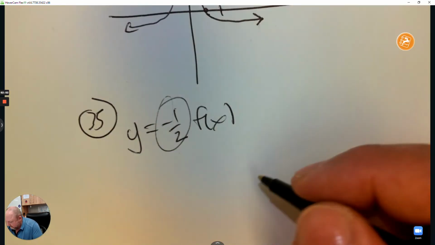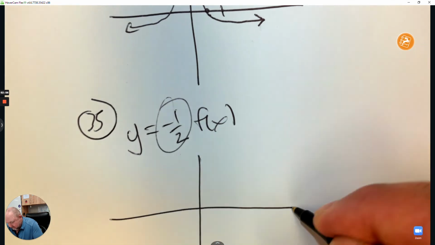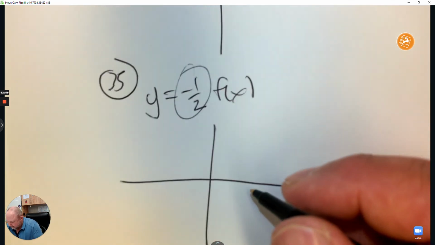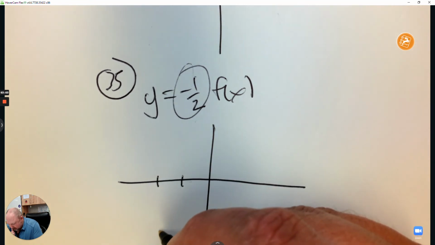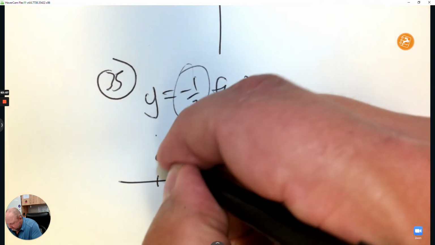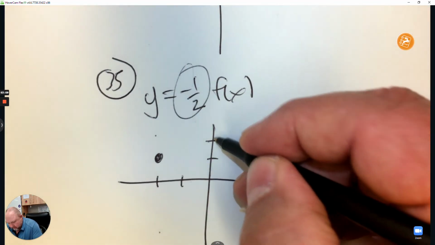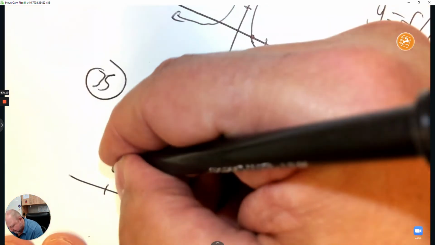So this just affects the y-coordinate. It's a reflection, and then half the y. So what's below is above, and above is below. So -2 and -2 reflect, and then half. 0, 2 reflect, down, and then half, and then there's your line.